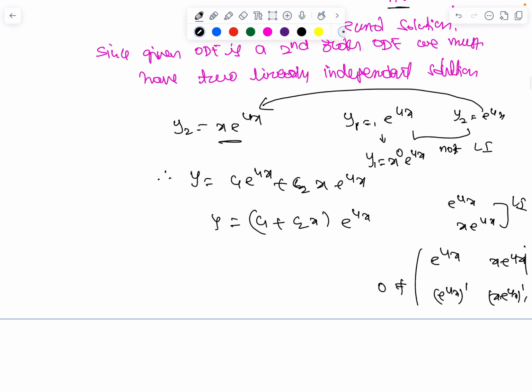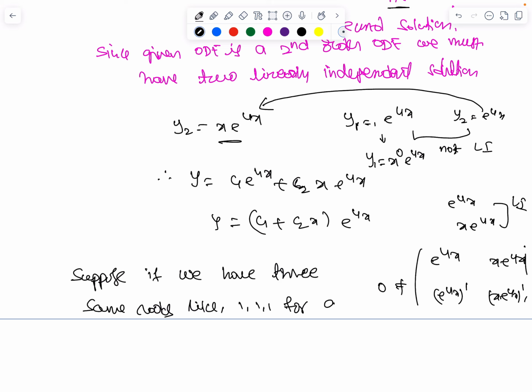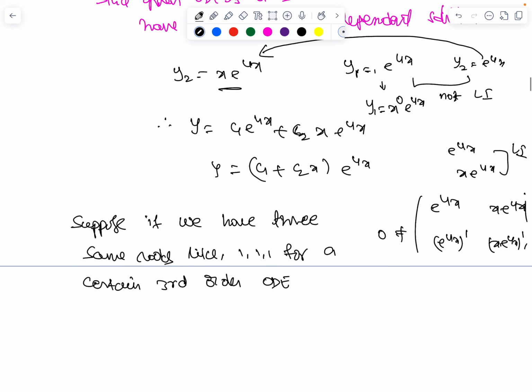Now suppose if we have three same roots, like 1 comma 1 comma 1 for a certain third order ODE, then what is your solution?